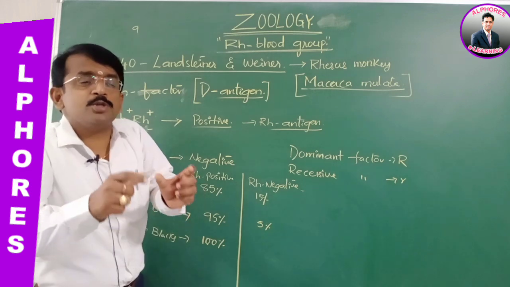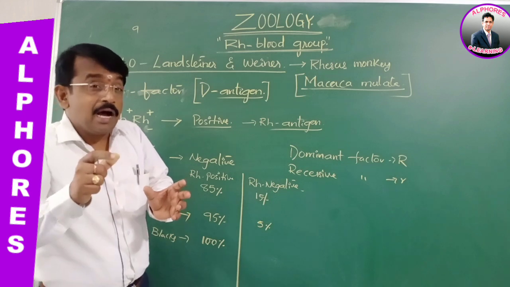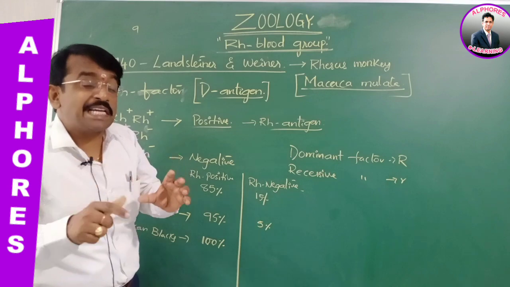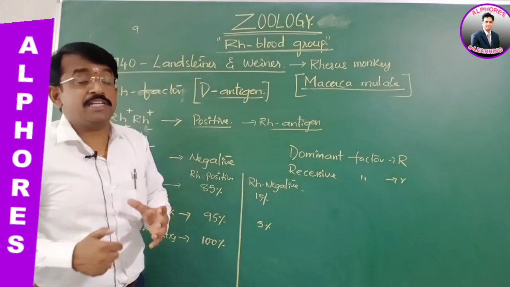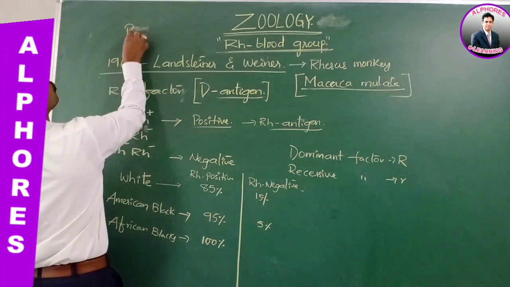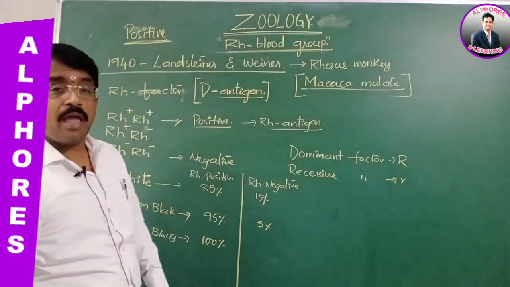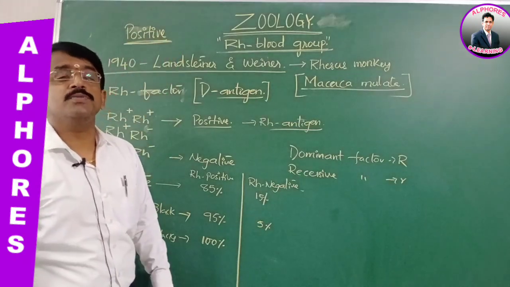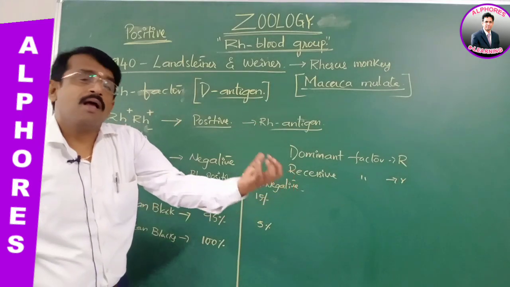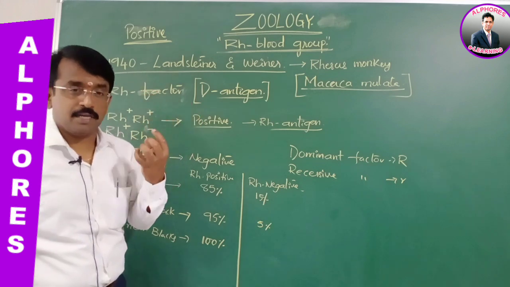If the recipient is negative, then since the majority are positive, this leads to genetic incompatibility. As we have just seen, AB positive is a universal recipient. If the recipient is positive, even if the donor is negative, it does not cause any harmful effects.